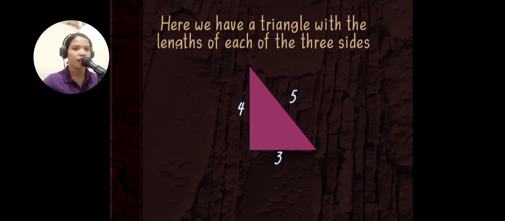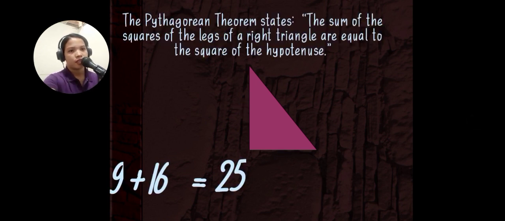We have here a triangle with the length of each of the 3 sides: side A is 3, side B is 4, and side C is 5. The Pythagorean theorem states that the sum of the squares of the legs of a right triangle is equal to the square of the hypotenuse.